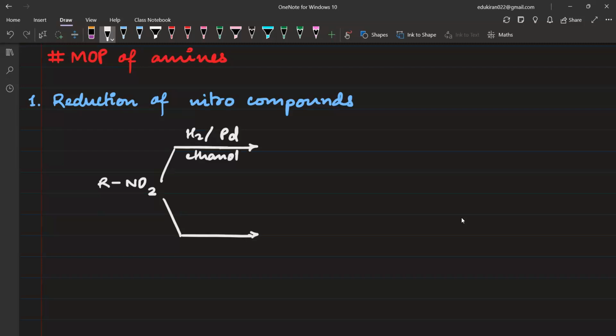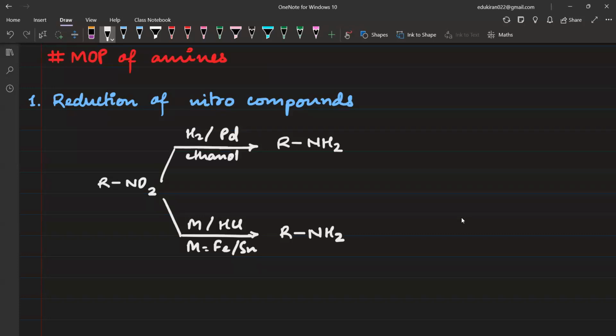The other is metal plus HCl. Okay. Any metal, not any metal. The metal that we can use is Fe or Sn. We can either use tin or we can use iron. Both of these is going to give you RNH2. This is going to give you amine with what? The same number of primary amine देगा सबसे पहली बात, and with the same number of carbon atoms.